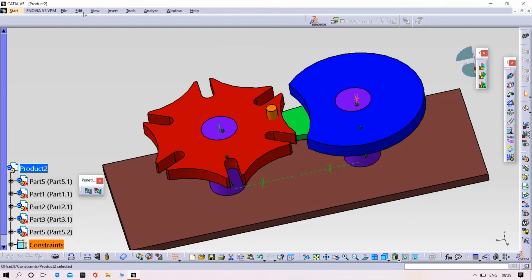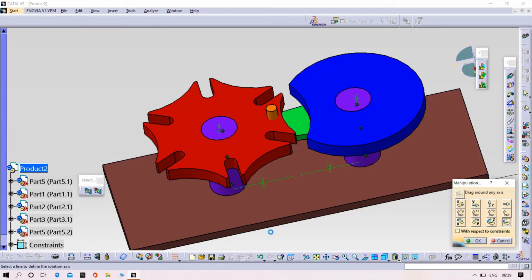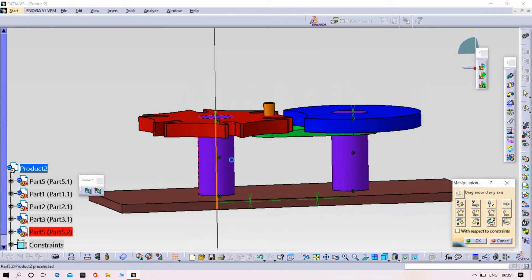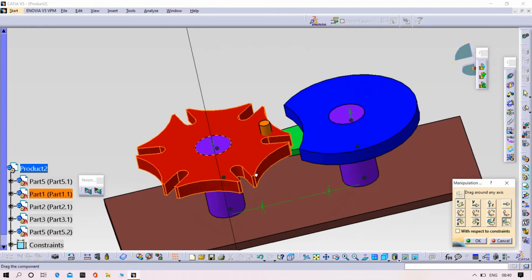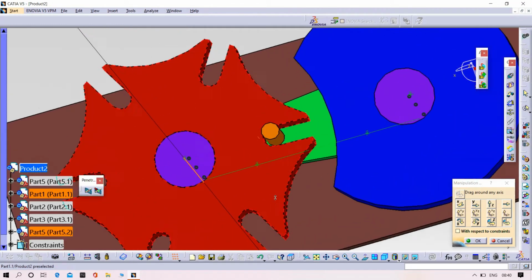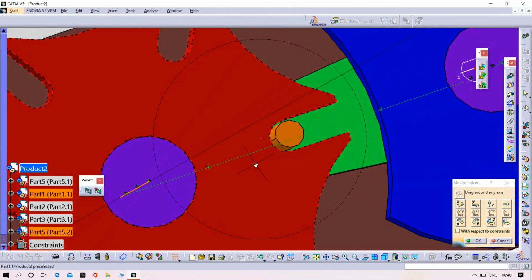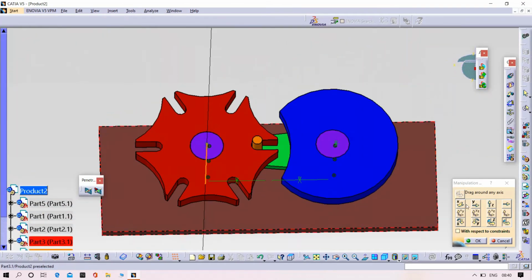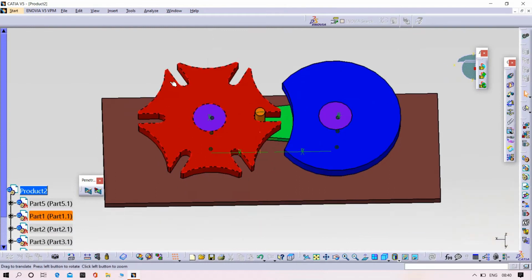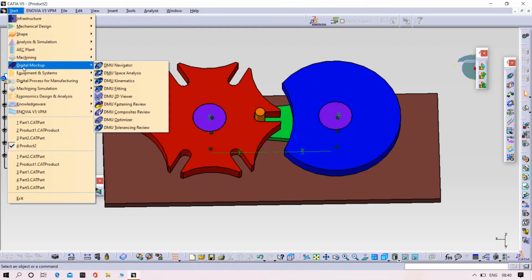Then try to use the mechanism, edit, move. Perfect. Then click OK. Now we need to go to the DMU kinematics section.